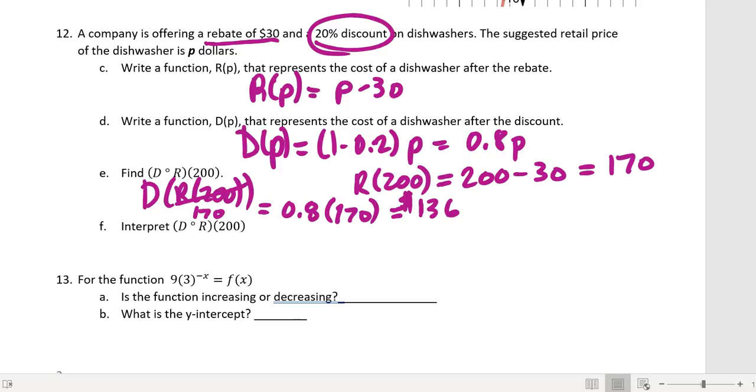This will be different depending on the order. So make sure you always do the right first. And then the output of that goes in the input of the left. And then it says, interpret this. What does this mean?